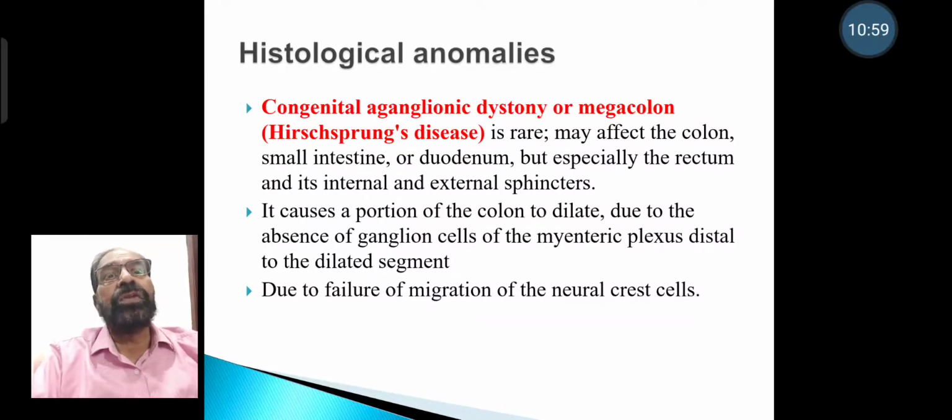Congenital aganglionic megacolon, also called Hirschsprung's disease, is rare and may affect the colon, small intestine or duodenum, but especially the rectum and its internal and external sphincters. It causes a portion of the colon to dilate due to the absence of ganglionic cells of the myenteric plexus distal to the dilated segment, due to failure of the migration of the neural crest cells.